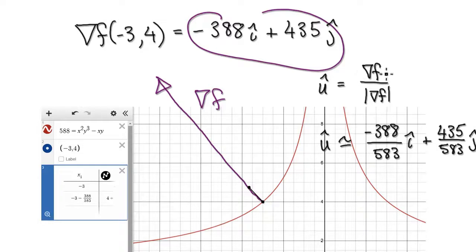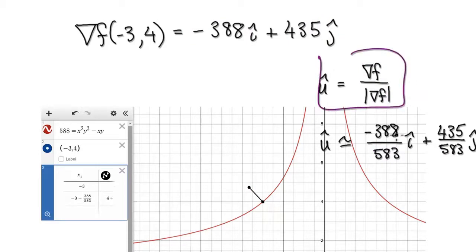So we've got to get our vector divided by its magnitude. Its magnitude will be this thing squared plus this thing squared, and then square root the whole thing. It will be approximately 583. So to get our unit vector, get our vector and then divide it by its magnitude. That will give us our unit vector.